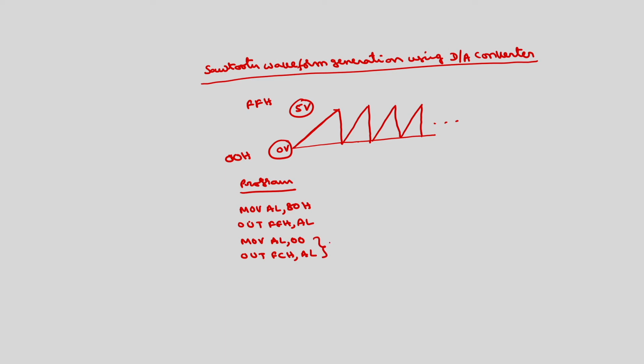So with this, 0 volts, the starting point, will be generated here. Now what I will do is I will just increment AL and I will write the unconditional jump to up. There is no delay here, up is here itself.